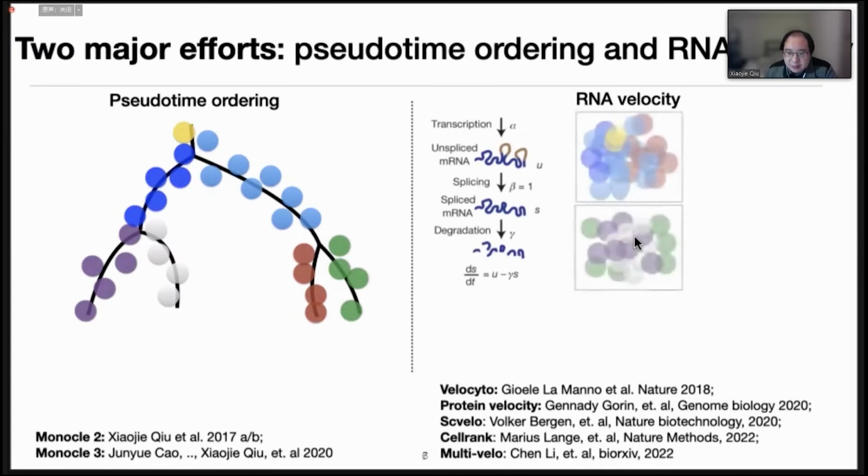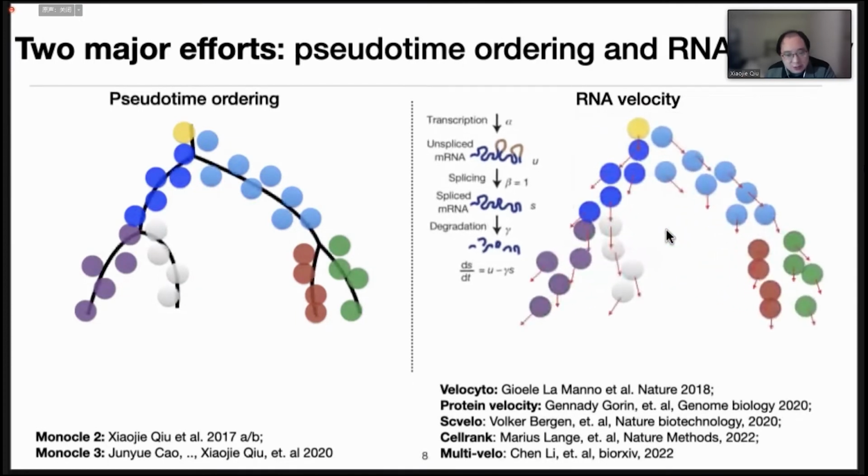They can then project this high-dimensional RNA velocity vector to a low-dimensional space to reveal the local dynamics of each individual cell. So RNA velocity is really one of the landmarks in obtaining kinetic information from single cells.